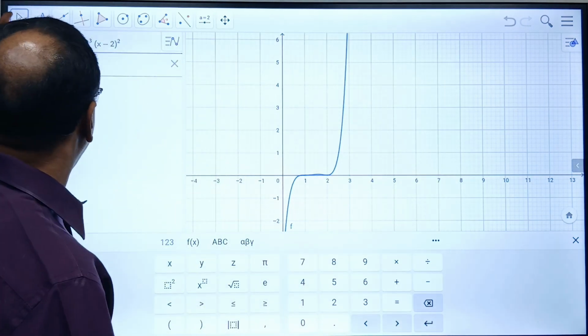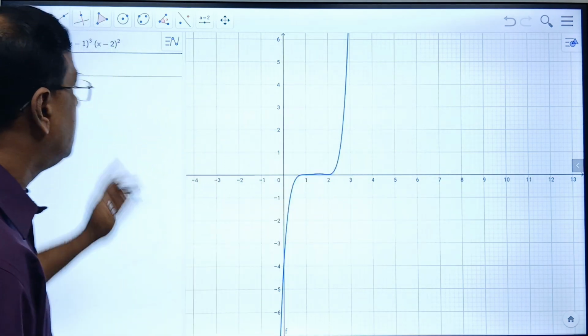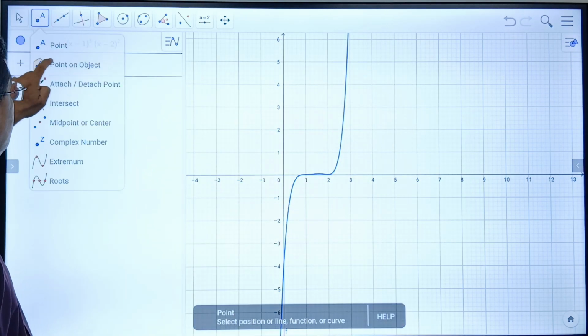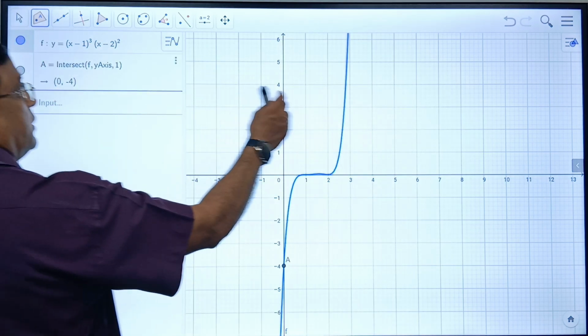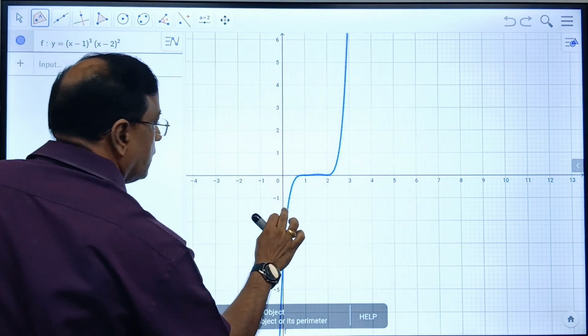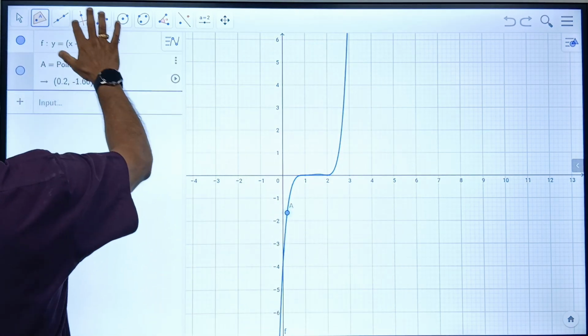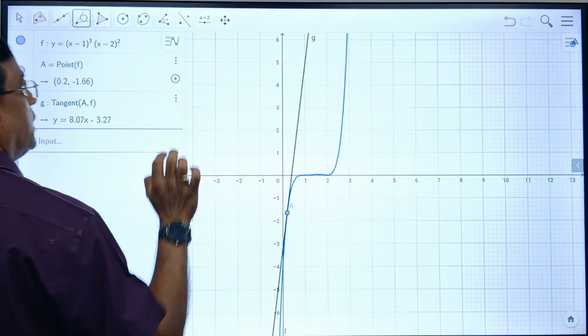A very beautiful graph. You see there's a slight bend here. We'll see what it is. Choose a point on the graph, and I will draw a tangent to the graph and find the slope.